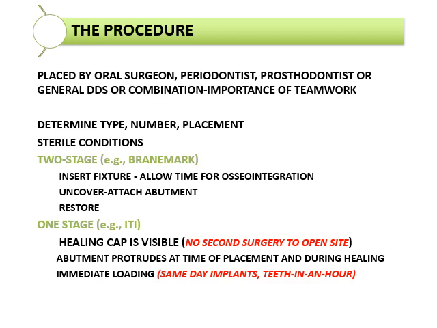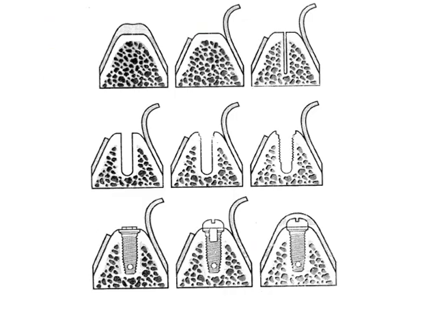The one-stage, again, you have that healing cap, so the bacteria can form around the healing cap if the patient isn't keeping their mouth clean during healing time. This is an example of a two-stage procedure where the fixture was covered by the gingiva to begin the osseointegration process. And again, the theory behind this is that it keeps the bacteria out of the healing site as much as possible.